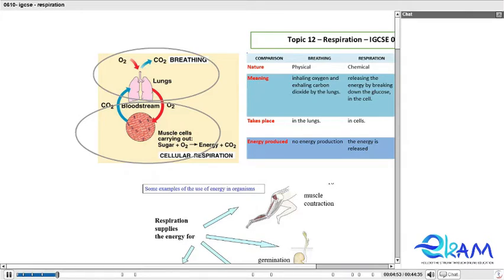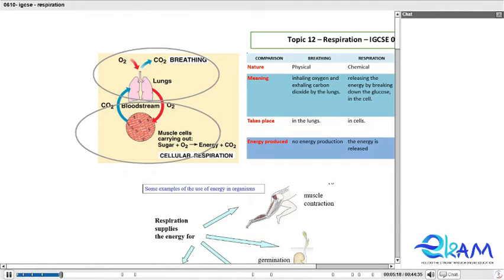And respiration is a chemical process, a process in which a new thing or new things are produced. So breathing is a simple biophysical process and respiration is a biochemical process. Why we have added the term bio? Because both of them are happening inside living system. So breathing is a biophysical process and respiration is a biochemical process.